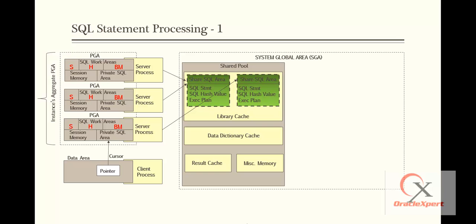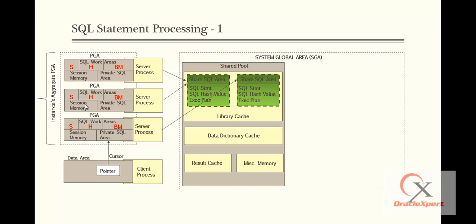So the PGA is memory specific to an operating system process, or for that matter a thread, that is not shared by other processes or threads running on the system. Now because the PGA is very process specific, it is never allocated in the SGA. This is point number one.